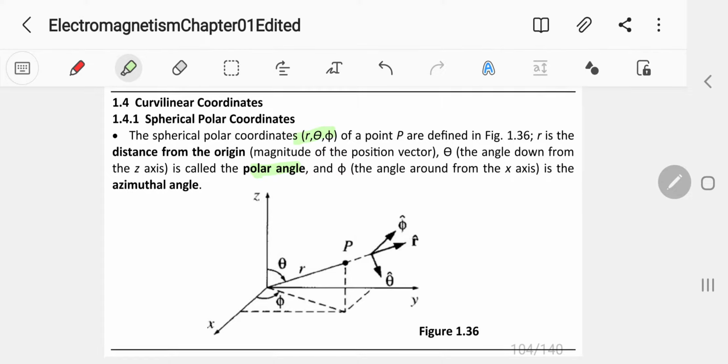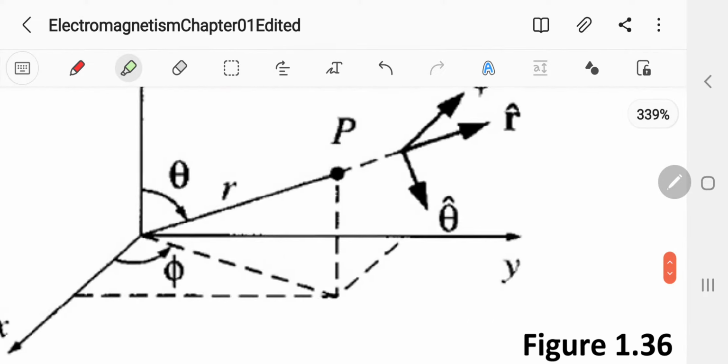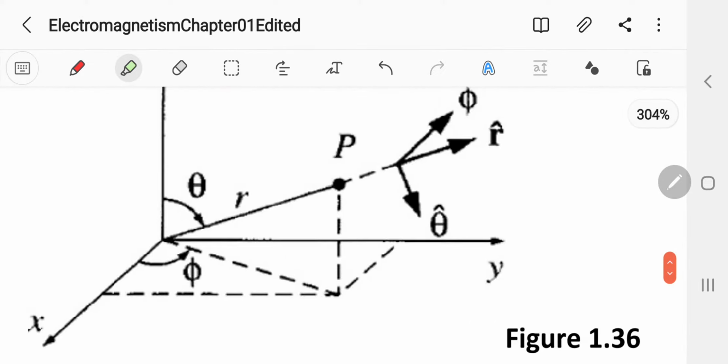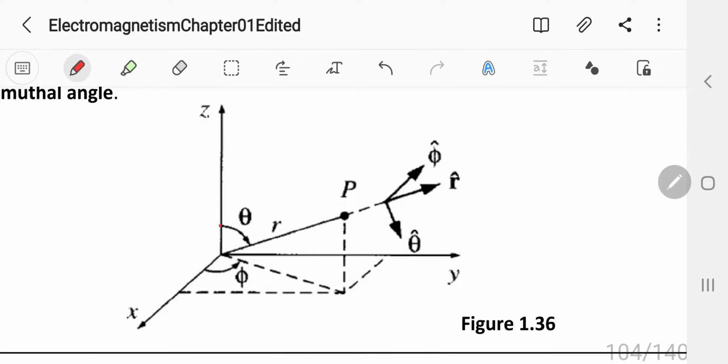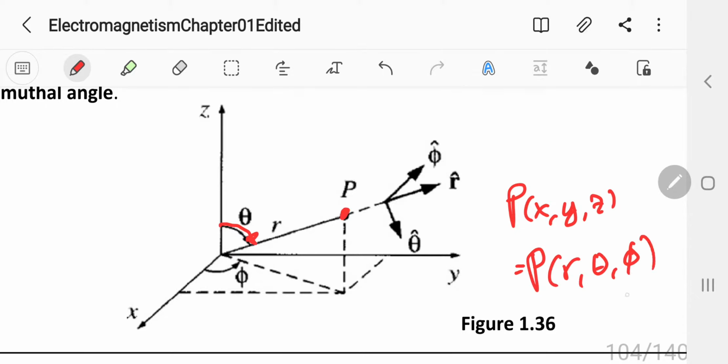So if we expand this, theta is measured here. P is a point in space. P is of course determined by x, y, z, and this time in polar coordinates P is also determined by r, theta, phi.